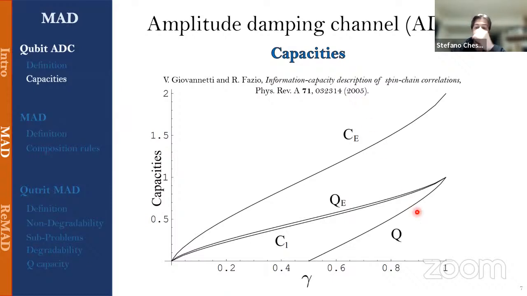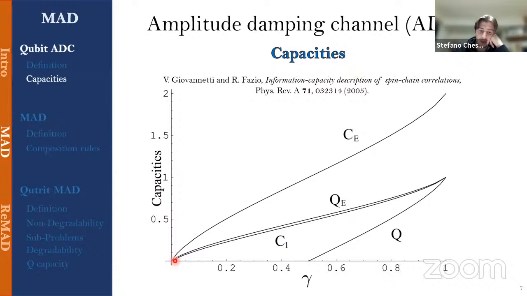Concerning quantum capacities, they showed that this large class of qubit amplitude damping channels is anti-degradable for the damping parameter ranging between 0 and 0.5, and degradable from 0.5 to 1. Actually, with our definition of the damping parameter it would be reversed, in the sense that this would be the anti-degradable region and this the degradable region, but the message stays the same.